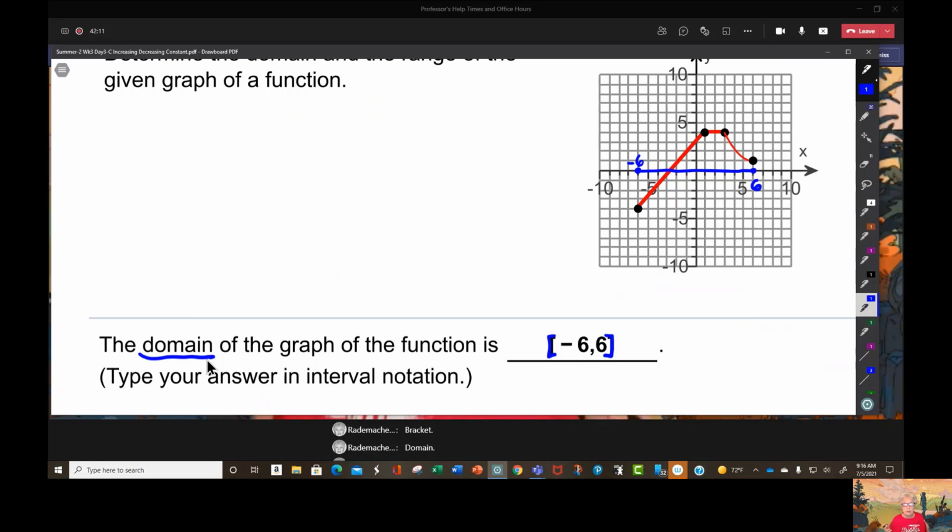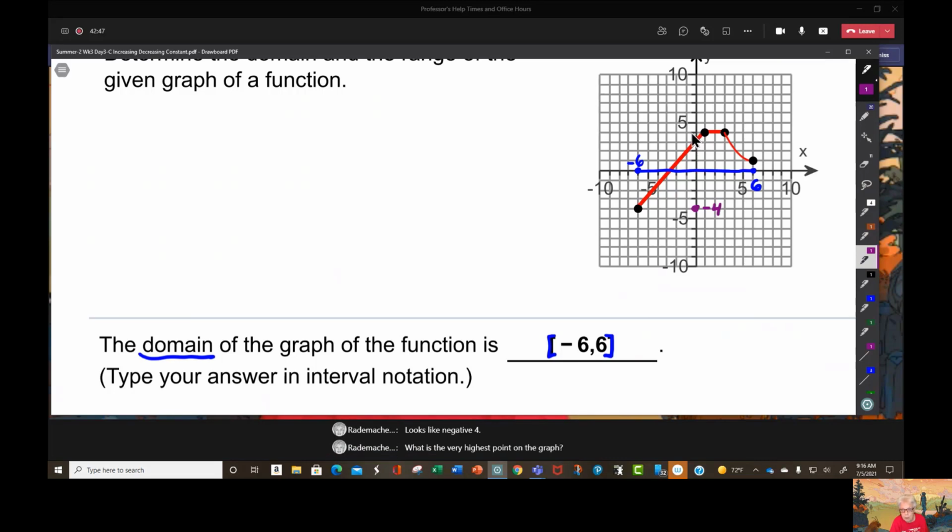Now the range is on the y-axis. So I'm going to use violet for that. What is the very lowest point on this graph? Looks like -4. What is the very highest point on the graph?